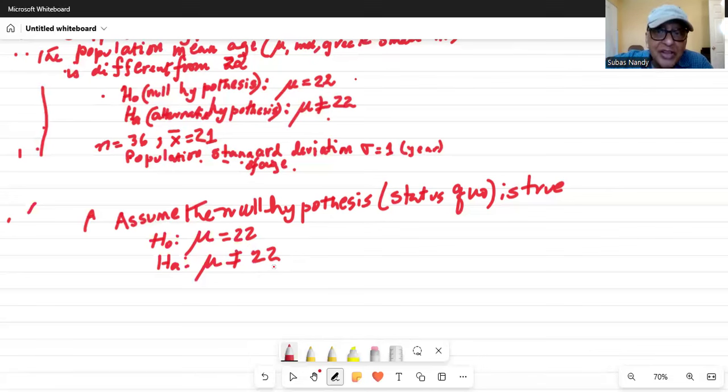If the evidence against the defendant is strong, then we will reject the null hypothesis that the defendant is innocent and support the alternate that the defendant is not innocent. Let me stop here. I'll give you some time. Think about it. What should I do? What should I compare?